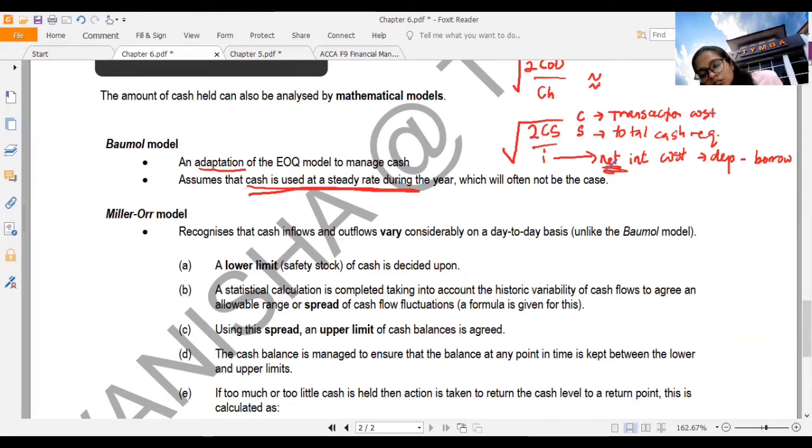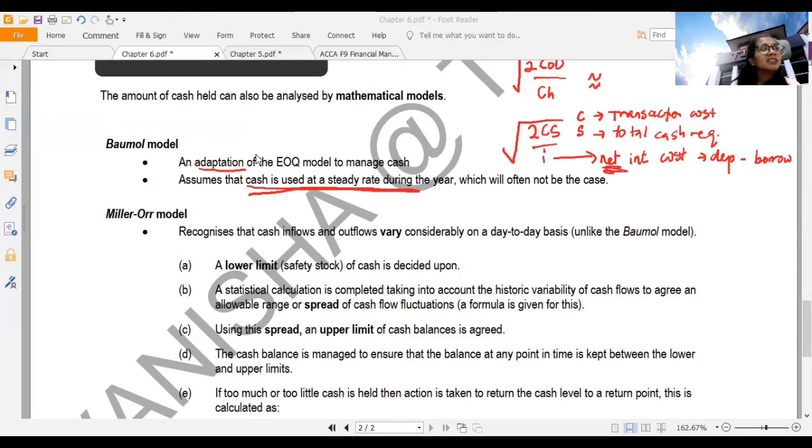To do the Miller-Orr model, what is of utmost importance? You need to first understand the difference between the Baumol model and the Miller-Orr model. The Baumol model is actually an adaptation of the EOQ.